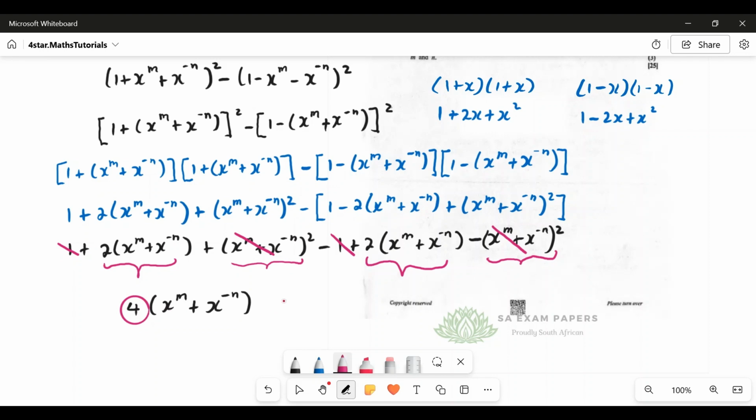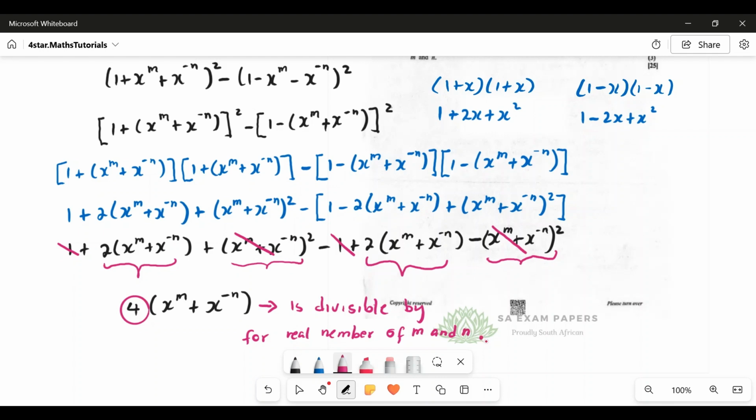So meaning this is divisible by 2 for all real numbers of m and n.